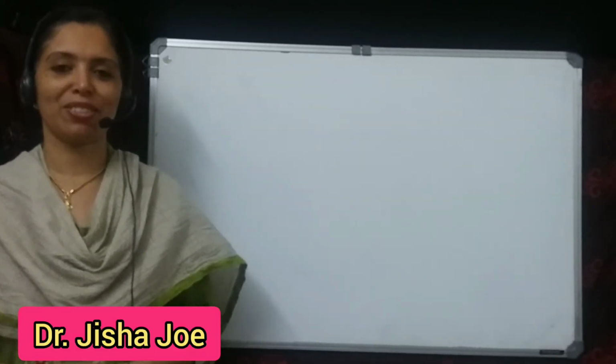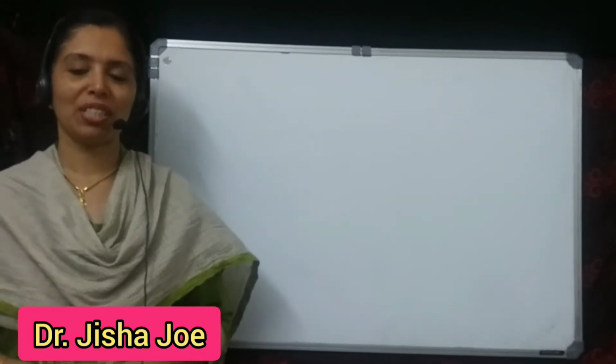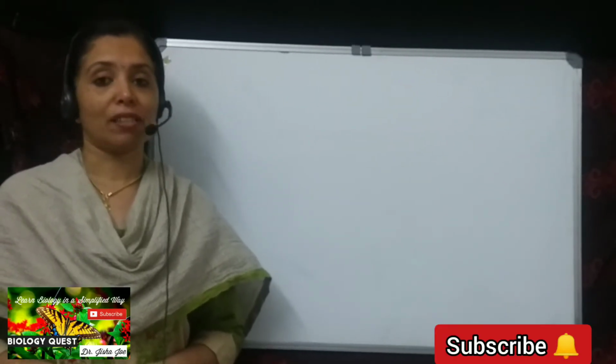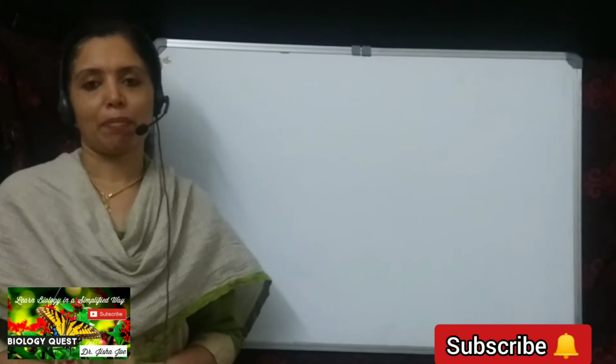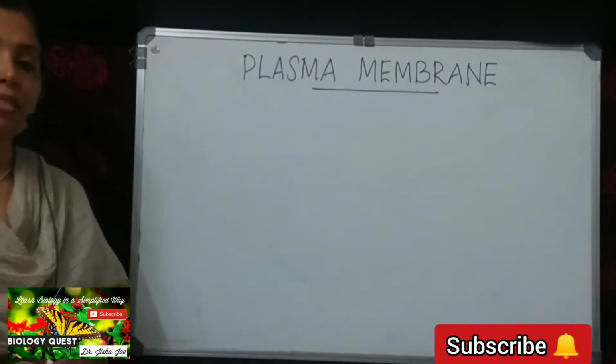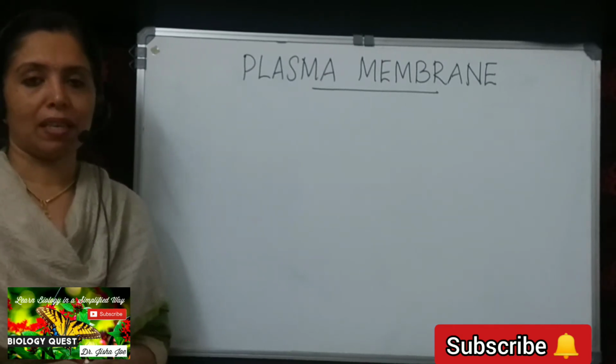I'm Dr. Jisha Jo. In this video, we shall be studying the structure and the functions of the plasma membrane. Coming to the cell membrane, we know it is the outer limiting membrane in the animal cell.